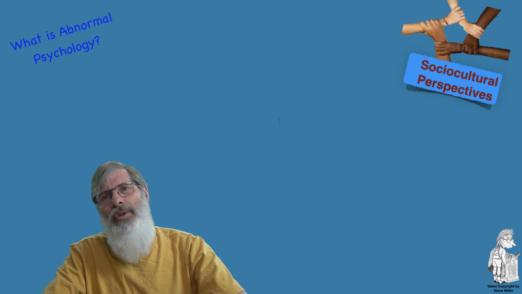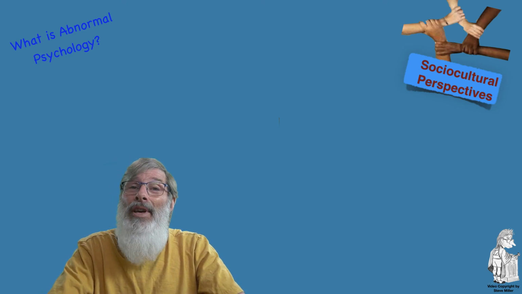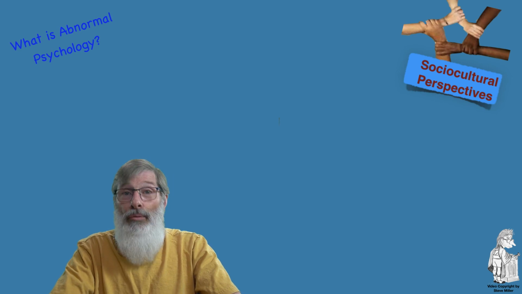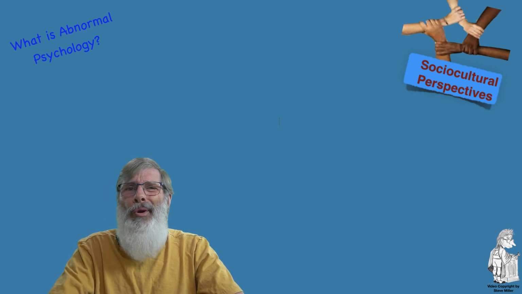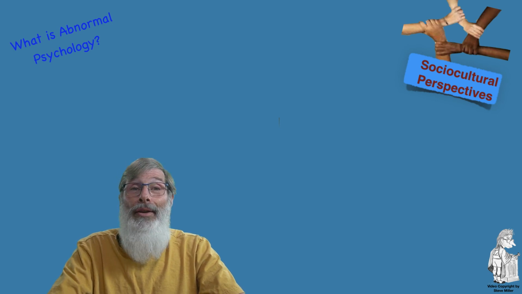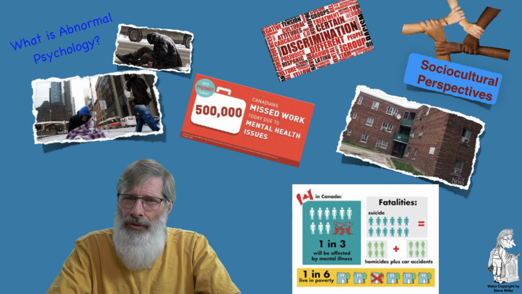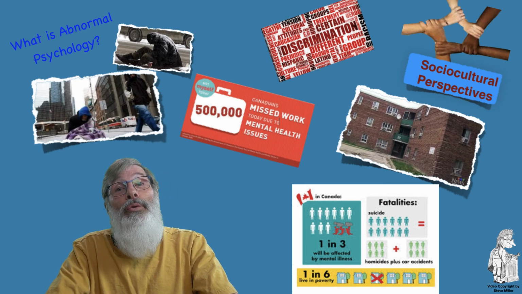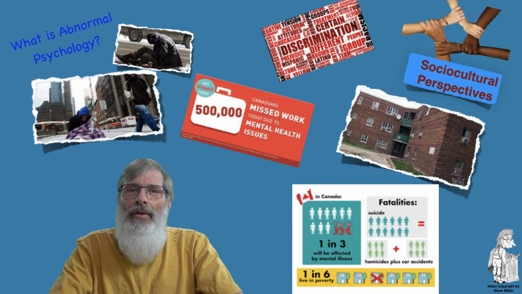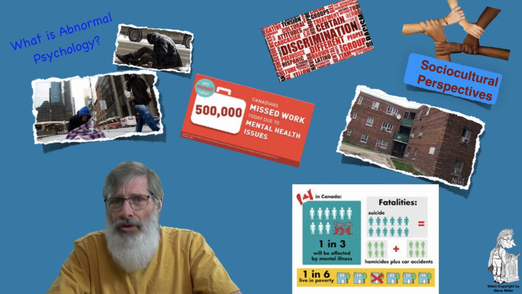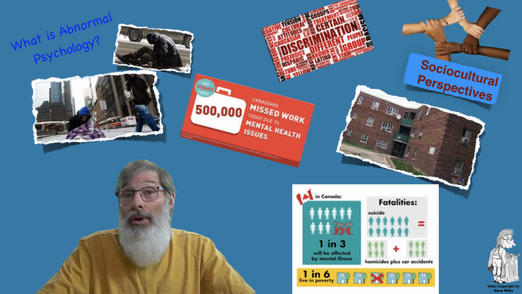Now, some sociocultural theorists argue that mental illness is a myth created to stigmatize people who don't conform to the prevailing social standards. One of the alternative views is what's known as the drift hypothesis, which concerns the relationship between mental illness and social class.